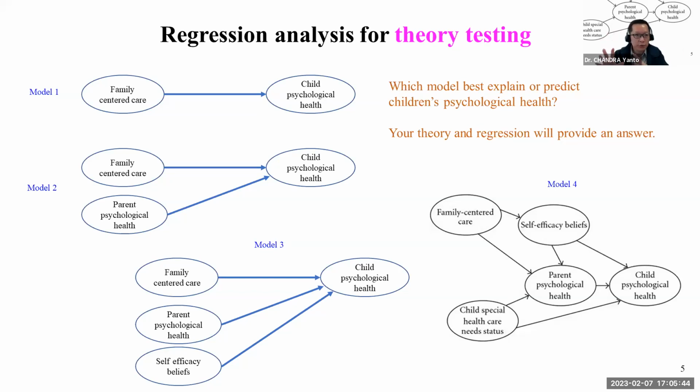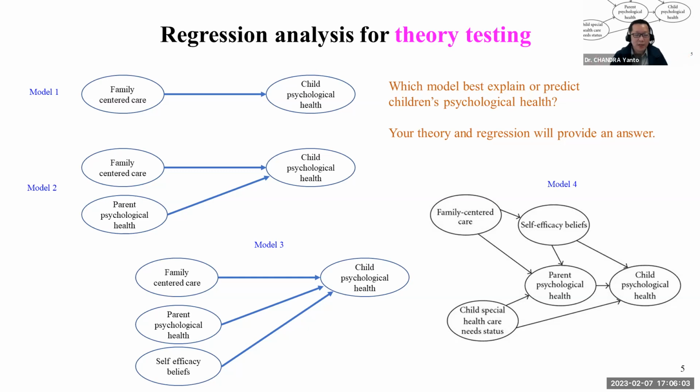But then you read more literature, and you find out, hey, it's not just the presence of family-centered care that predicts the child's psychological health, but there's also the role of the parent. Maybe the parents have good psychological health themselves.